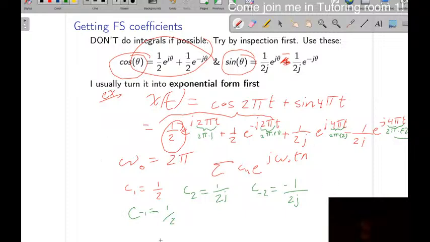I always turn it into exponential form. If you're smarter than I am, then you would have noticed that this function right here was already a sum of cosine and sine. So this is technically already in the trig form.